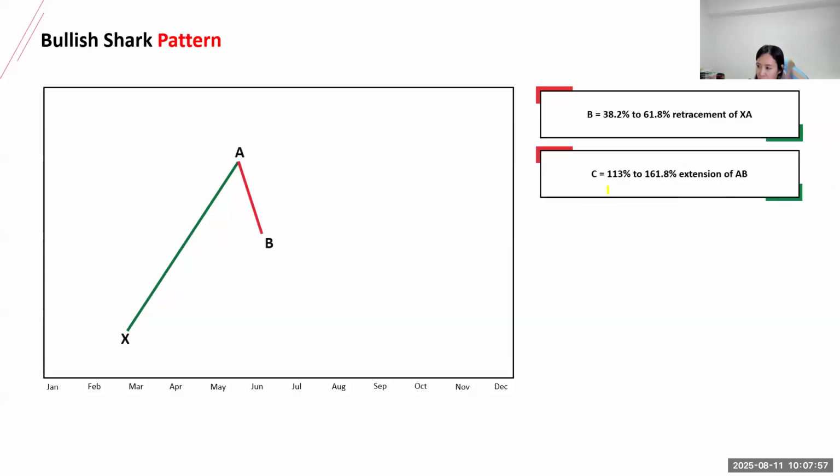C will retrace, or C will be an extension of AB, 113 to 161.8.